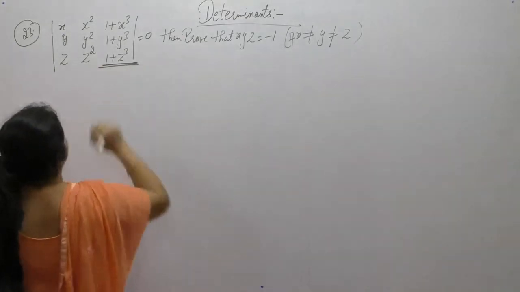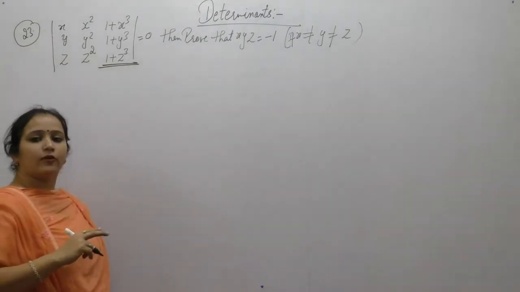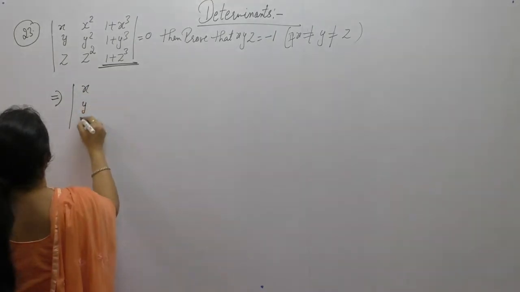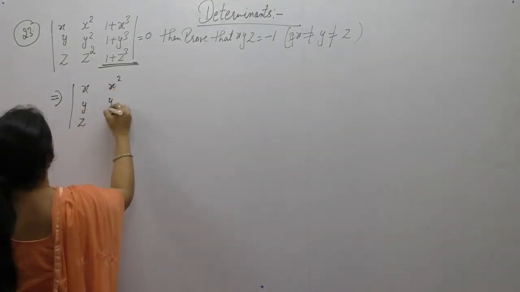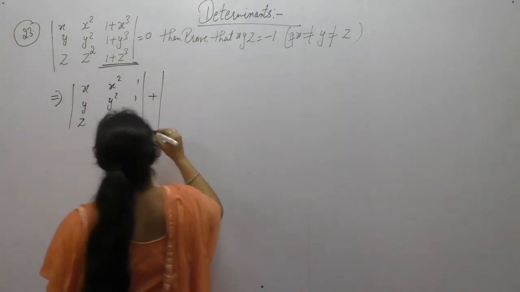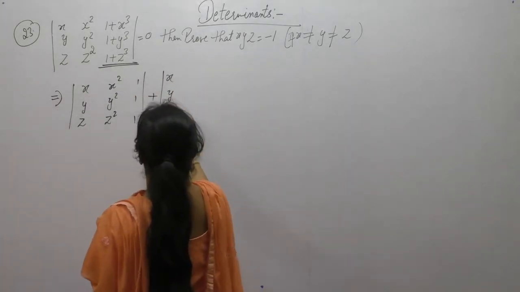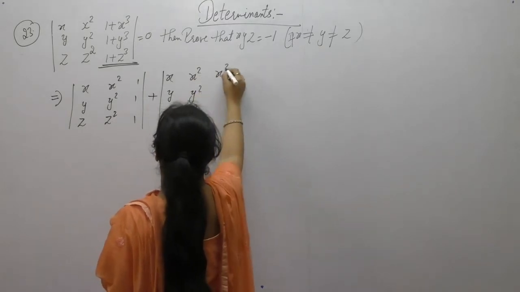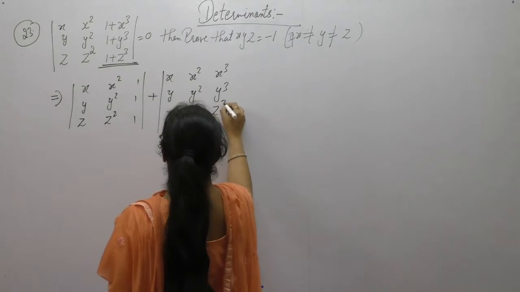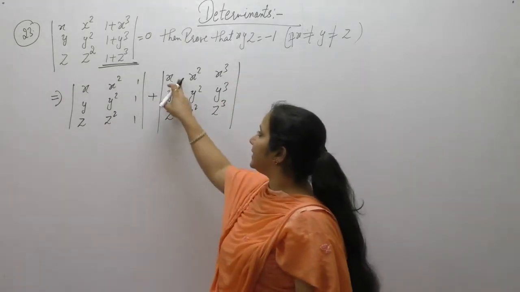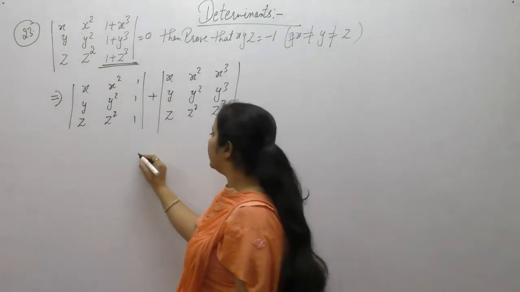Now, in the third column, each term is a sum of two terms, so we can write it as the determinant x, y, z, x square, y square, z square, 1, 1, 1, plus the determinant x, y, z, x square, y square, z square, x cube, y cube, z cube. Now from the second determinant, take x, y, and z common.